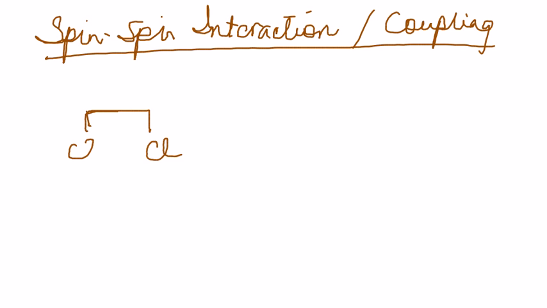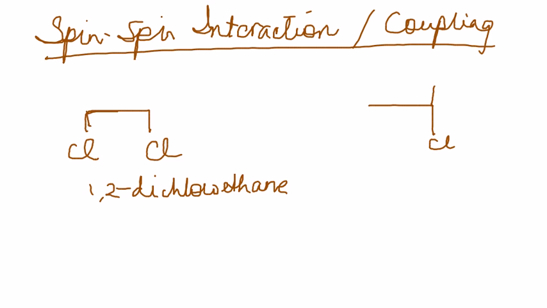Let's say we have 1,2-dichloroethane. And I have 1,1-dichloroethane. So there is 1 hydrogen here and a CH3 here.